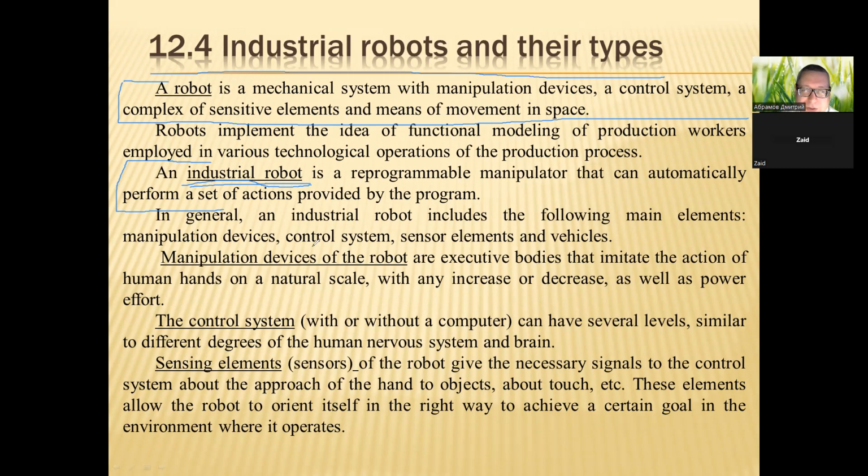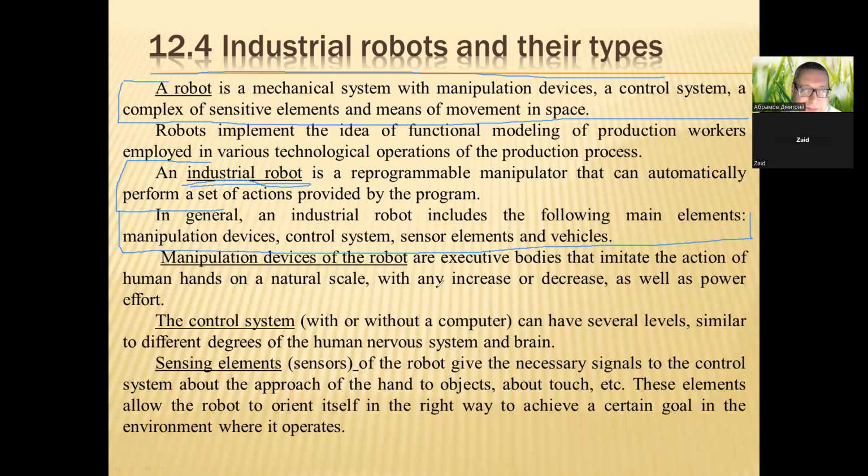Manipulation devices of the robot are executive bodies that, write down to your notes all these elements of the robot, manipulator. Manipulation devices of the robot are executive bodies that imitate the action of human hands on a natural scale with any increase or decrease as well as power effort.